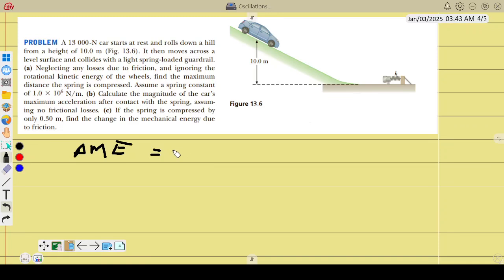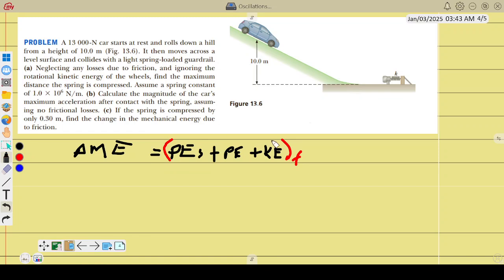So change in mechanical energy, we say the energy in the spring plus the gravitational energy plus the kinetic energy. So these are the finals.